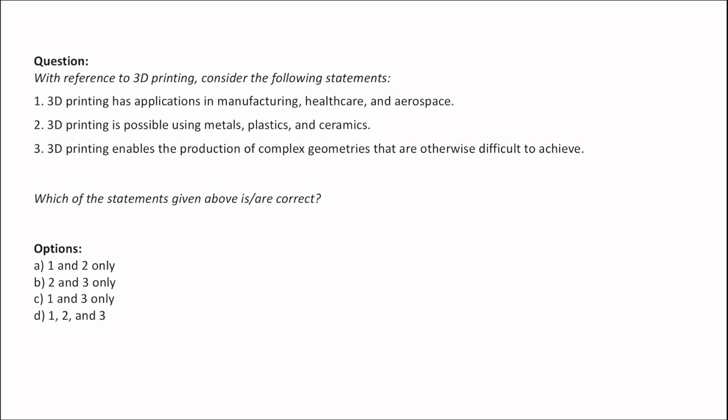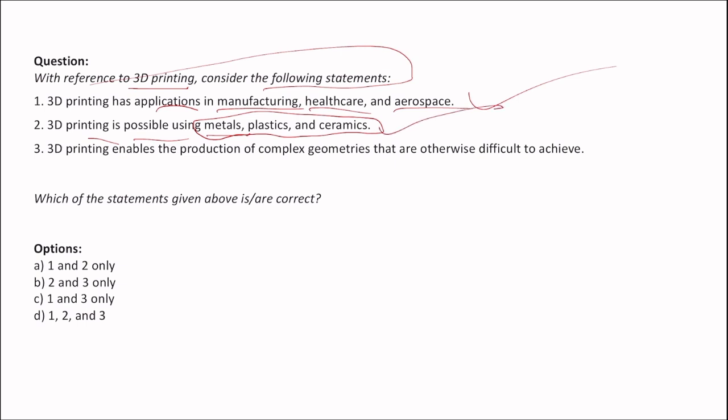with reference to 3D printing, consider the following statements. 3D printing has applications in manufacturing, healthcare, and aerospace. Pause the video and first analyze it by yourself, and then again we'll do it. Next, 3D printing is possible with metals, plastics, and ceramics.